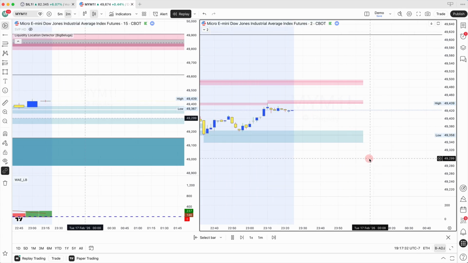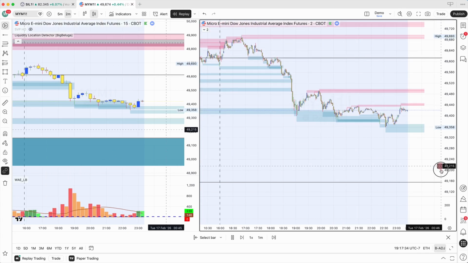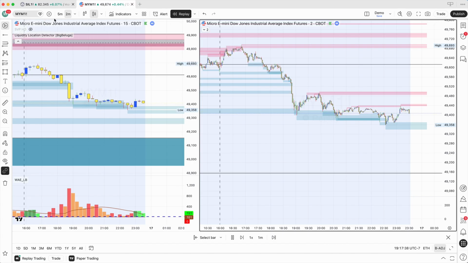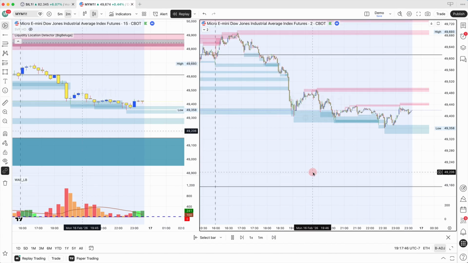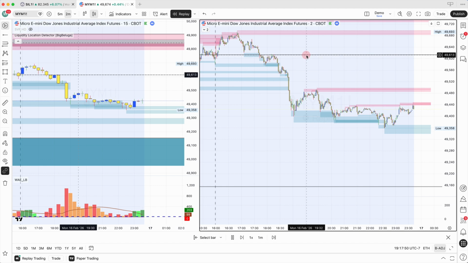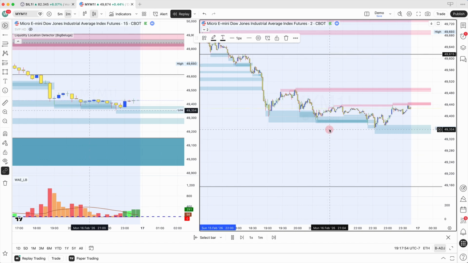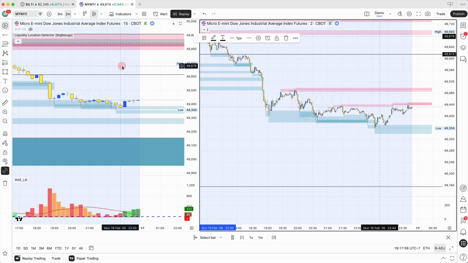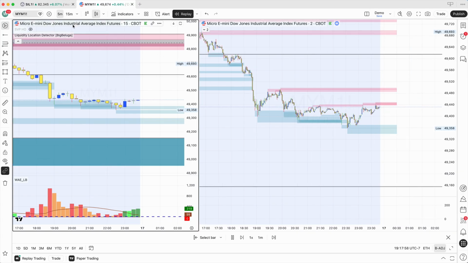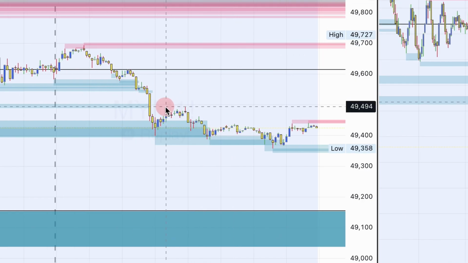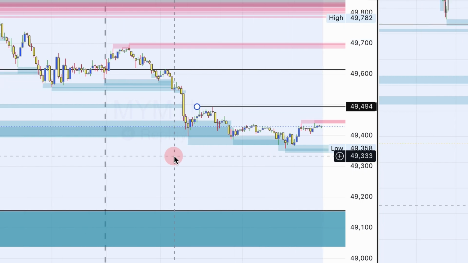Now, what I could have done, I could have set up my swing points on the 5-minute chart, and it would give me another set of levels that could possibly be traded from. Okay, so if I go over to the 5-minute chart here for a moment, and I look for another swing level, that looks like one that I could use.